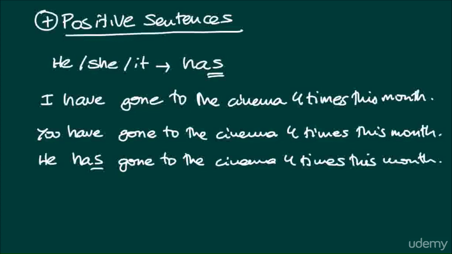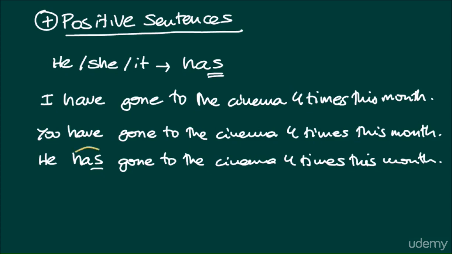As in all present tenses, with the subjects he, she, and it, the verb always finishes in S. In the present perfect simple, for these subjects, we use has. So we say, I have gone to the cinema 4 times this month. You have gone to the cinema 4 times this month.